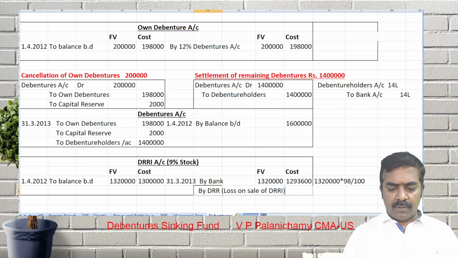I've given a specific note. If there is a debenture redemption reserve available, the loss on sale can be adjusted against what? Debenture redemption reserve.